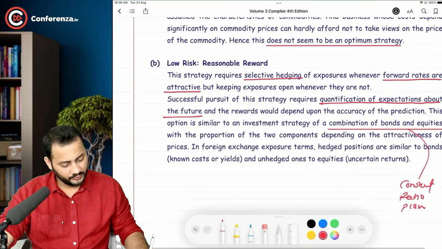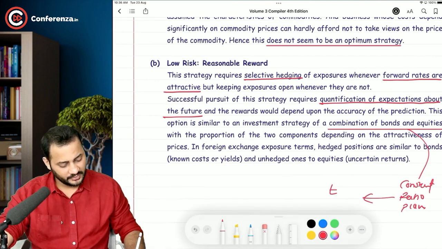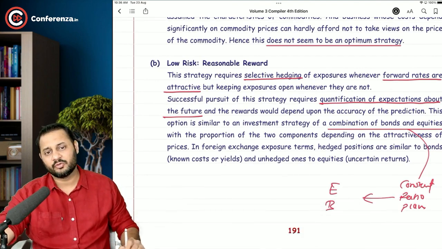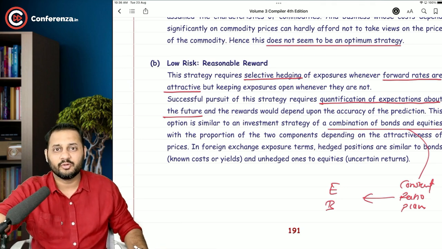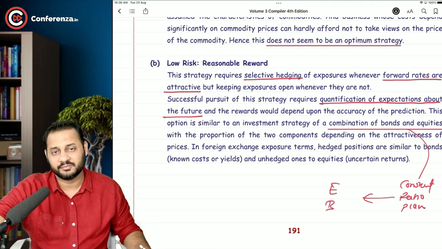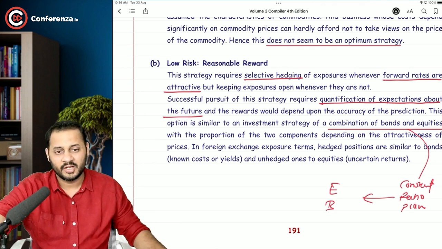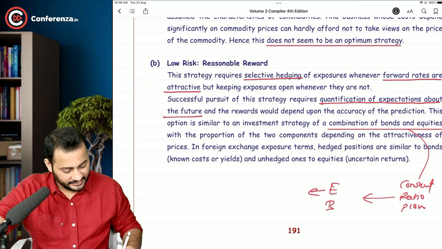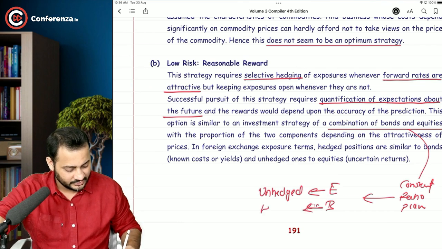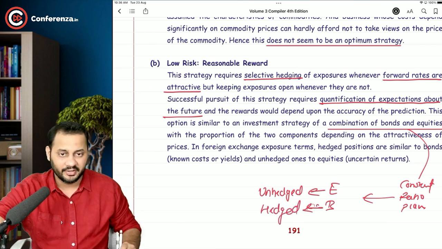So if you remember, in the constant ratio plan we had invested 1 lakh rupees in equity and 1 lakh rupees in bonds in the portfolio management chapter. It was the portfolio rebalancing theory. So equity in this is like all the positions which you have kept unhedged, and bond means the safe side, all the transactions which you have hedged.